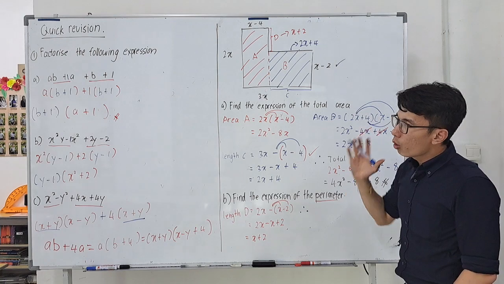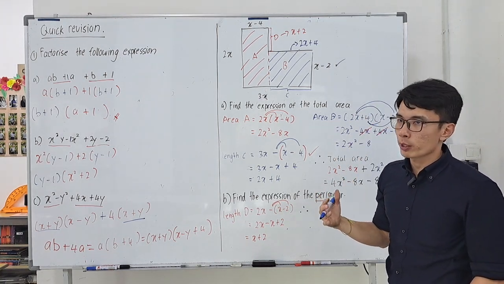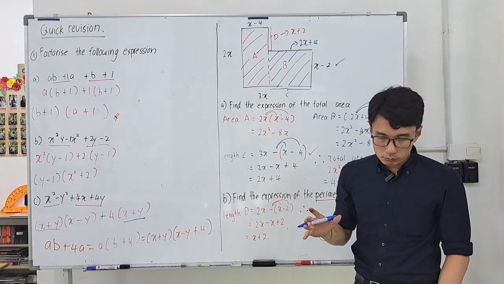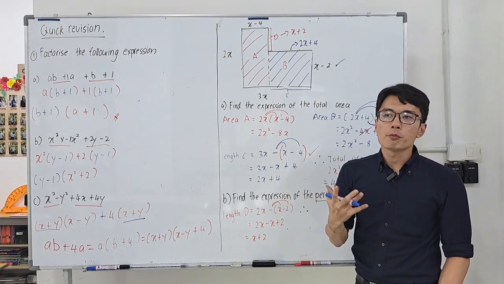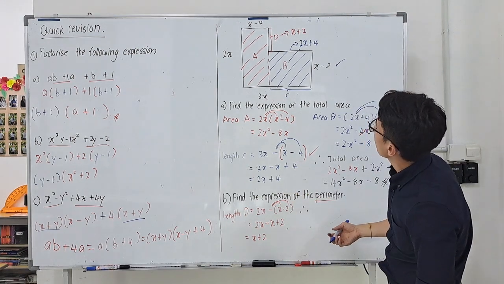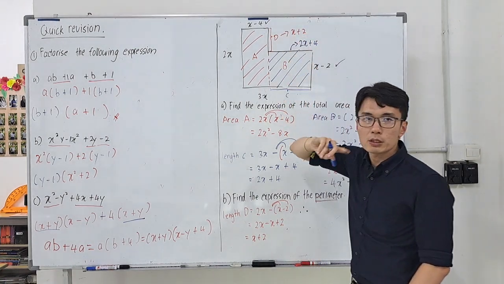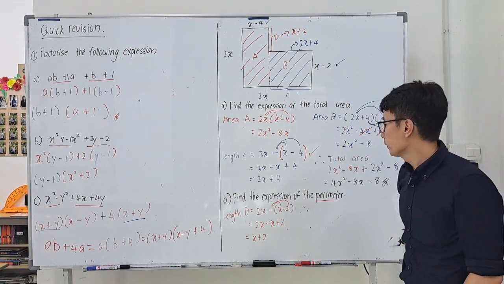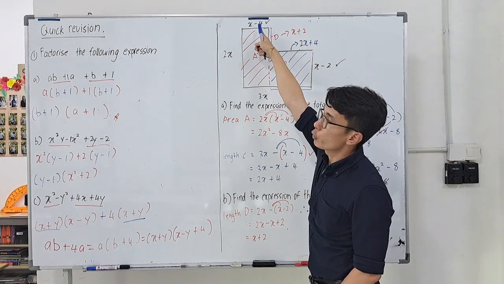Now, to do perimeter, my strong suggestion is to make sure you have a starting point, alright, and then you just go clockwise. So that will be the safest way to prevent you from missing any length. So in this case, I will start from here. Alright, doesn't matter where you want to start from. So from here, I will go clockwise until I reach back there.